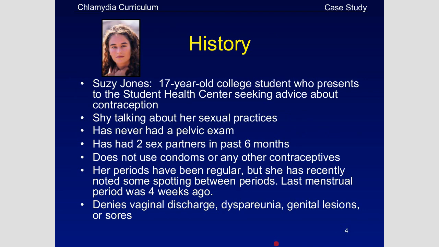Again, all these ages and names and sex and everything is standardized. So keep in mind there is a sublime message over there. A 17-year-old college student presents to the Student Health Center seeking advice about contraception.